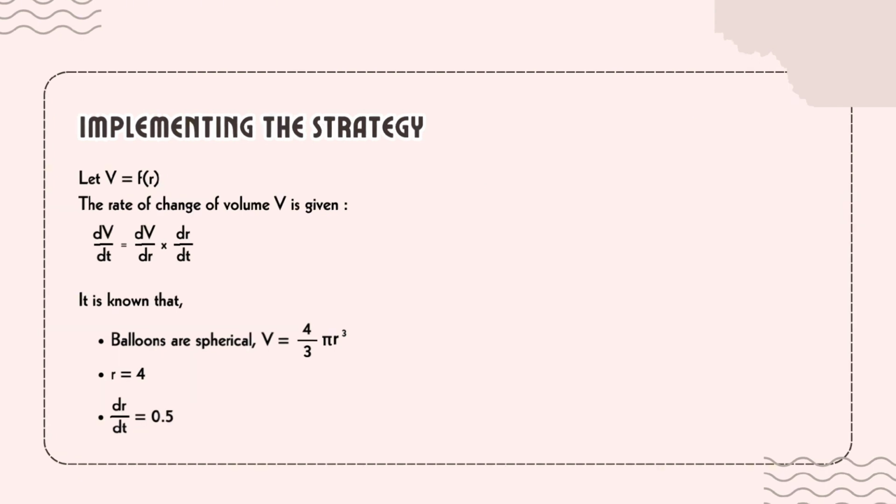The rate of change of volume is given by dV/dt equals dV/dr multiplied by dr/dt. It is known that balloons are spherical, so volume is 4/3 pi r cubed. The radius r equals 4, and dr/dt equals 0.5.